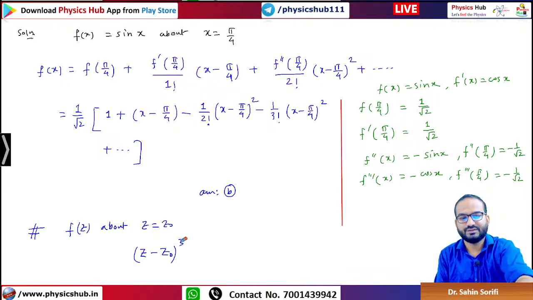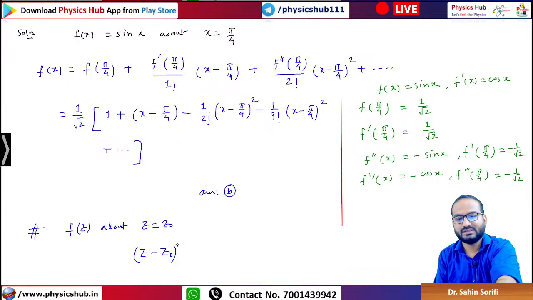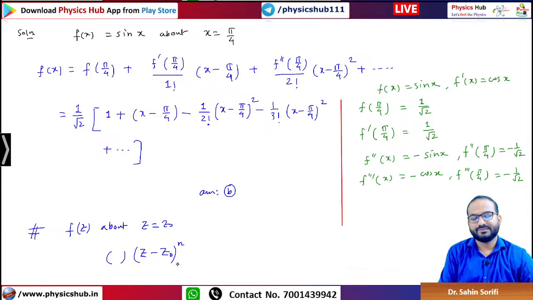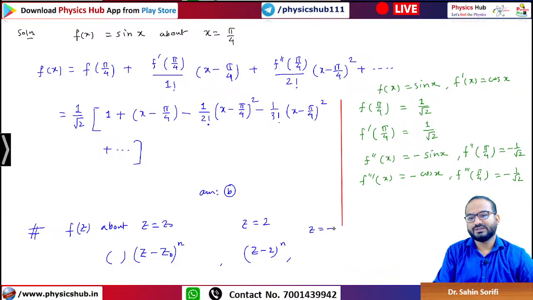So you can generalize it, that you will get terms in these powers, with some coefficient multiplied. If it is asking you to expand about z equals plus 2, you will get terms in terms of z minus 2. If it is asking you to expand about z equals minus 1, your terms in the expansion will come out as z plus 1. So I hope you understand this one.